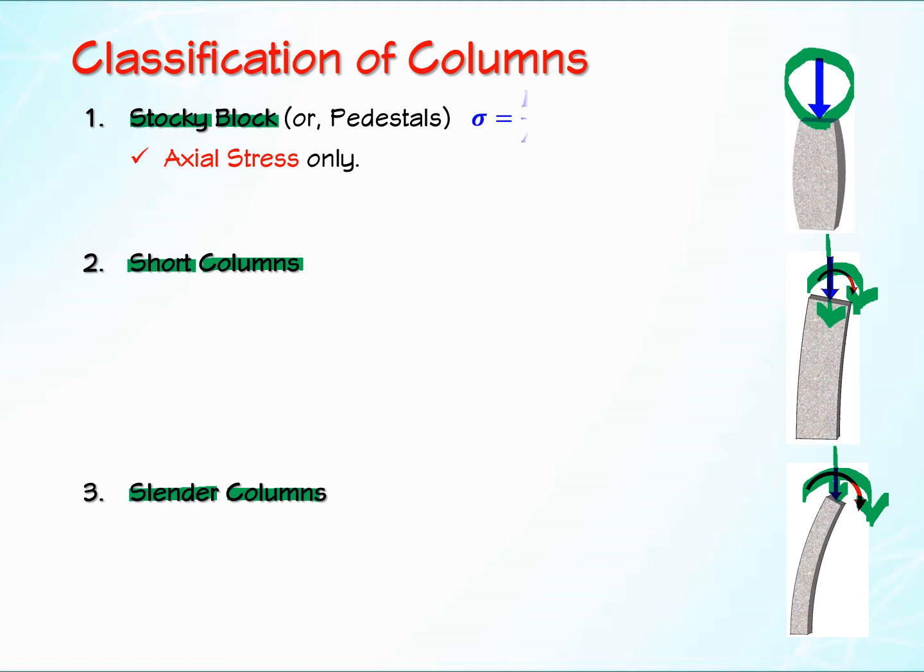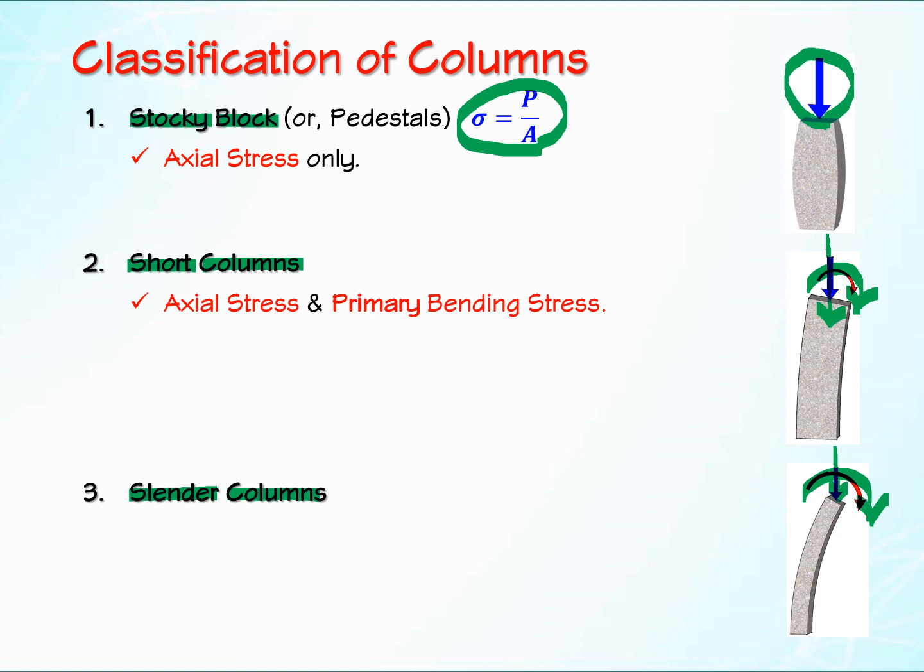Stocky column will receive axial stress only, so that the only formula that you need to know for stocky column is sigma equal P over A. A short column will receive, in addition to axial stress, primary bending stress. Okay. Well, what is primary bending stress?